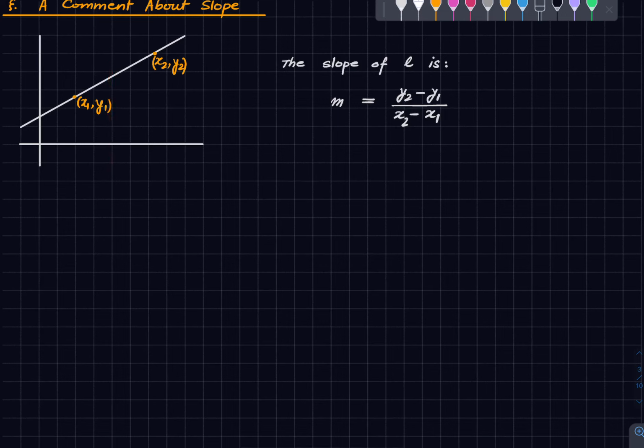And since these 2 points are distinct, y1 and y2 would then be different. And hence m would be the ratio of a non-zero number with 0, and by convention we write that as infinity. So that works. And if the line was horizontal, then x2 and x1 would necessarily be different, while y2 and y1 would be equal. So you get 0. So it works, even in those boundary cases.